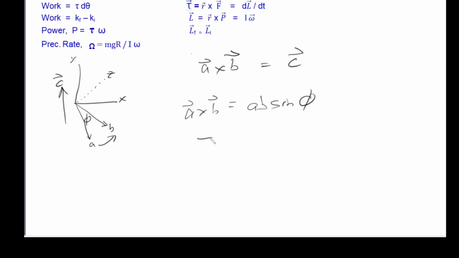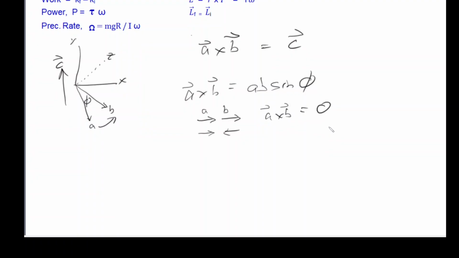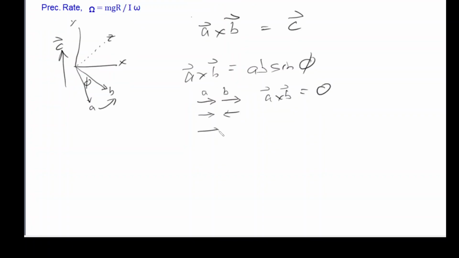So this tells us that if A and B are in the same direction or in the opposite direction, then A cross B will equal 0, because the sine of 0 and 180 degrees is 0. However, if A and B are perpendicular, then A cross B will give you the maximum value, because sine of phi will then equal 1.